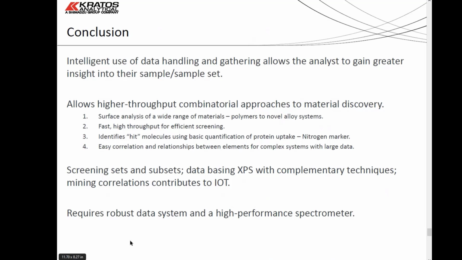Basically, you can analyze a lot of different areas on the same sample, or you can analyze a lot of samples. But I think you get a lot more information by acquiring more data on the same sample in different locations, and then doing a kind of one-size-fits-all experiment.